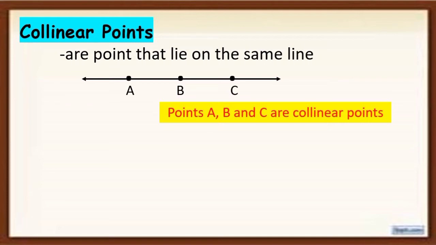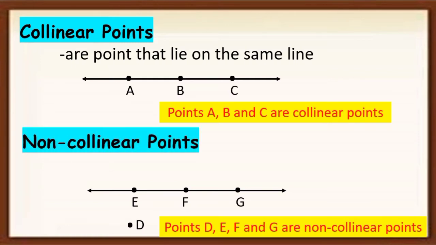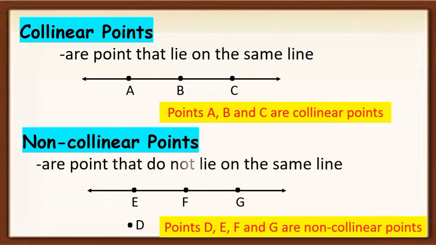Now, how about if we have this figure? As you can see, we have point E, point F, point G, and point D. Did you know that points D, E, F, and G are non-collinear points? Why non-collinear points? Because when we say non-collinear points, there are points that do not lie on the same line.